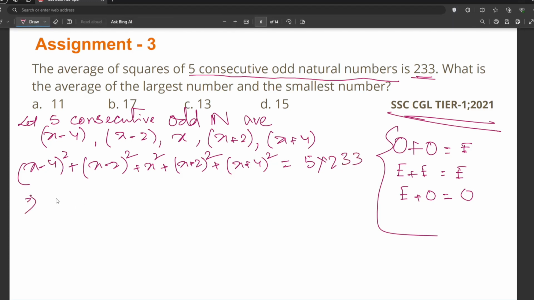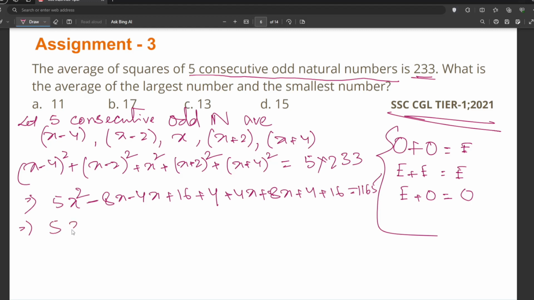From here we get 5x square minus 8x minus 4x plus 16 plus 4 plus 4x plus 8x plus 4 plus 16, and this is equal to 1165. From there we get 5x square equals 1125. So x square equals 225 and x equals 5.